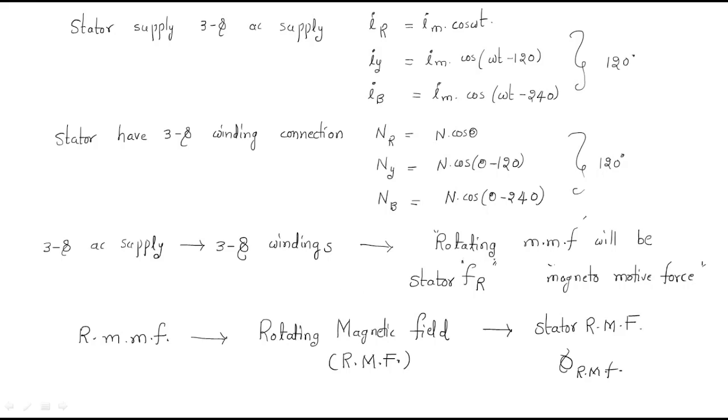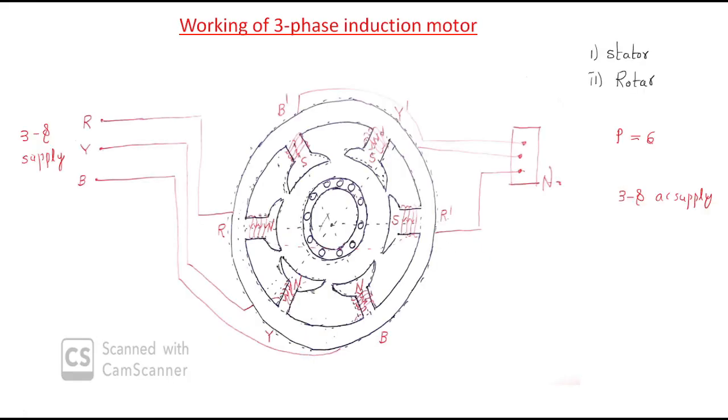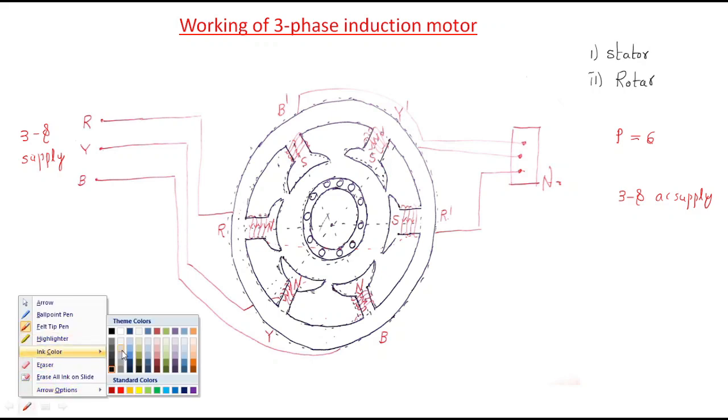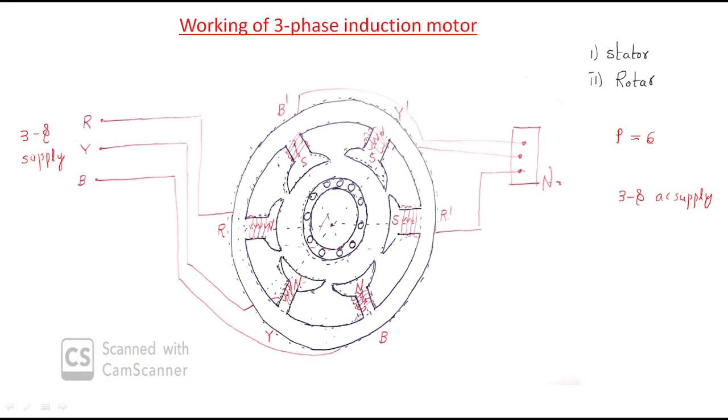Wherever the rotating MMF is produced, the rotating flux will be produced. Rotating flux means, generally, whenever we have a North Pole and South Pole, the flux lines travel from North Pole to South Pole.